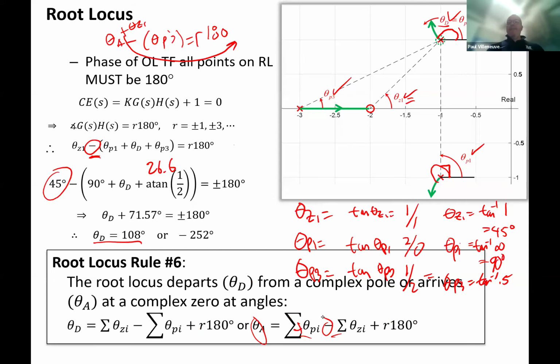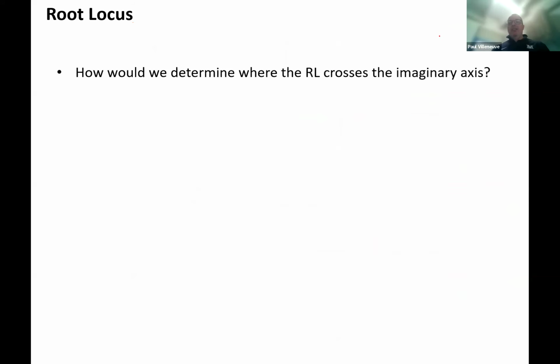So how, if these cross the j omega axis, if they somehow cross back over here, how do you determine that? So first off, we have to check the angles of the asymptotes, right? If the angles of the asymptotes are plus or minus 60 degrees, you know that this is going to go back and cross the j omega axis. So how do you know when it crosses the j omega axis?